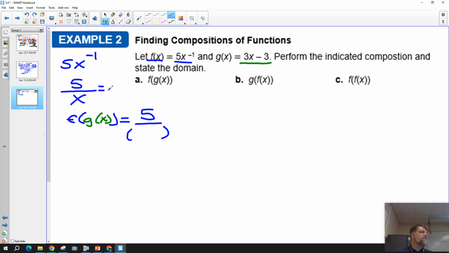Because this is f of x. Now, we're going to have x in the denominator, so that's going to have an impact on the domain, which is why they ask us to state the domain. We need to be aware of that. So let's plug in g of x.